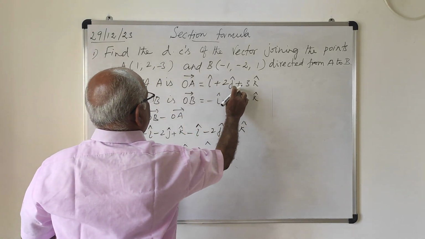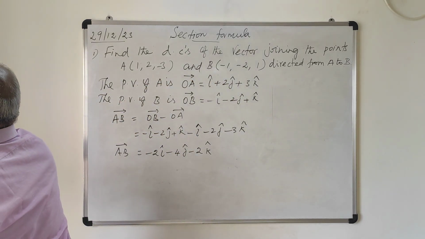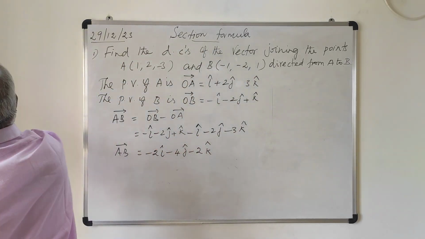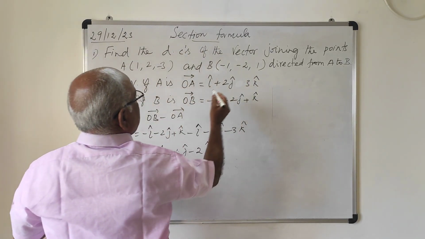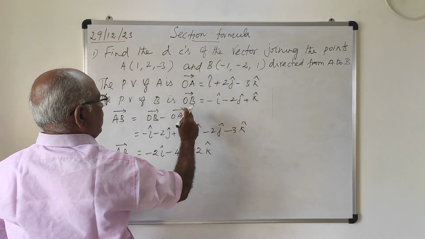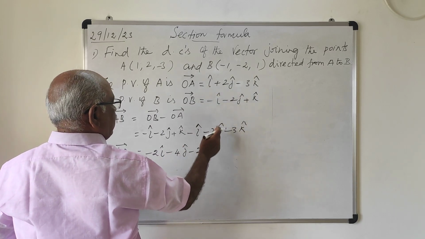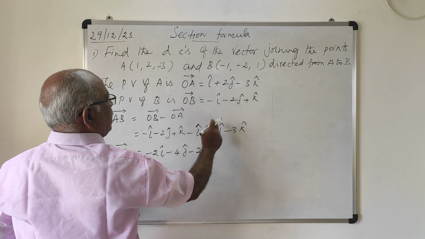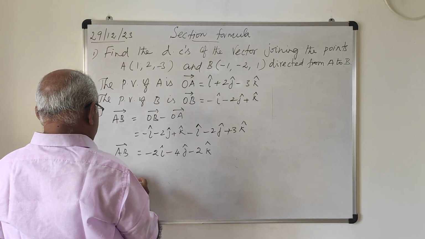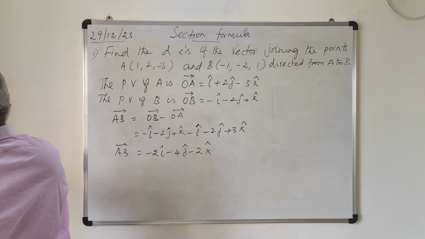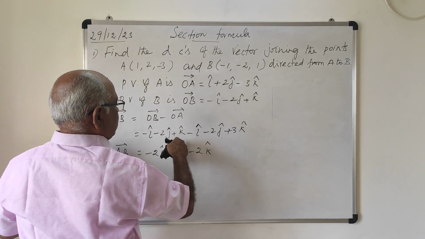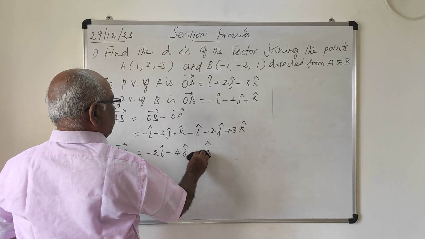Therefore, you will get minus 3k for the position of the point A. So OB minus OA is minus i minus 2j, and the k component is k minus of minus 3k, so 3k plus k, you will get plus 4k.